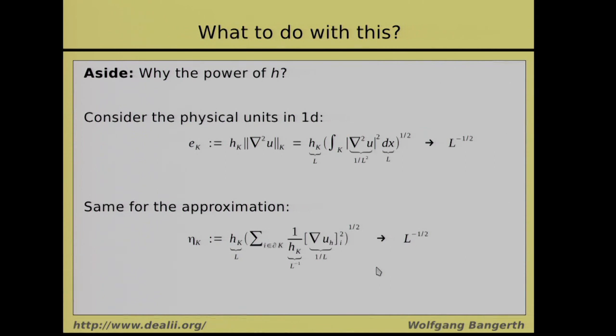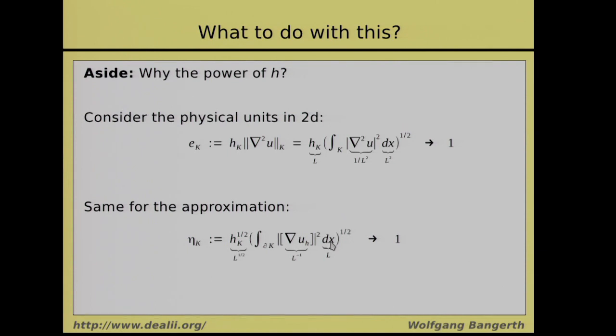I can do the same thing in 2D, and in 2D, the only real difference is that I integrate over dx, which is in this case an area element, so that gives me an L squared. And if you go back to my approximation, so I have the gradient, which is 1 over L squared. The boundary element in this case here, so here I integrate over the boundary of my cell, so my dx has only units length, right?